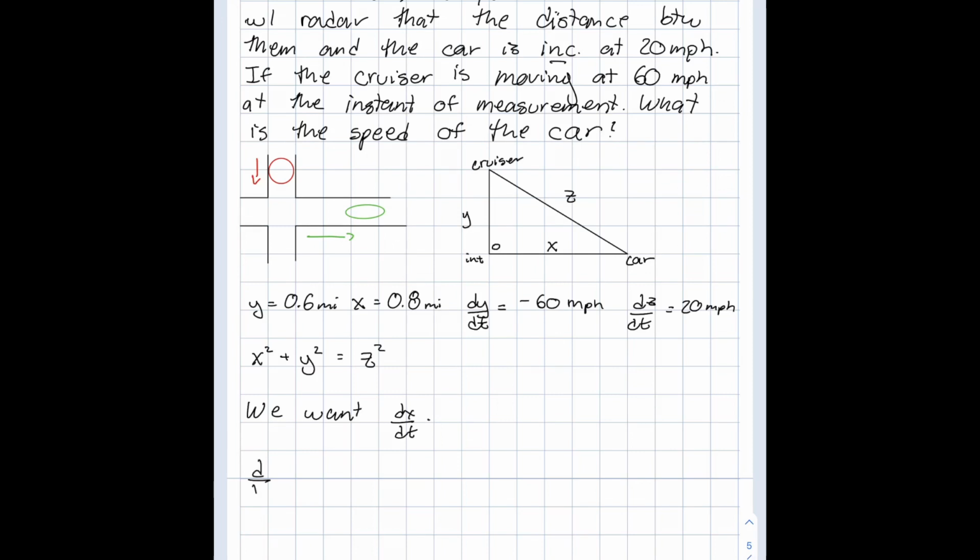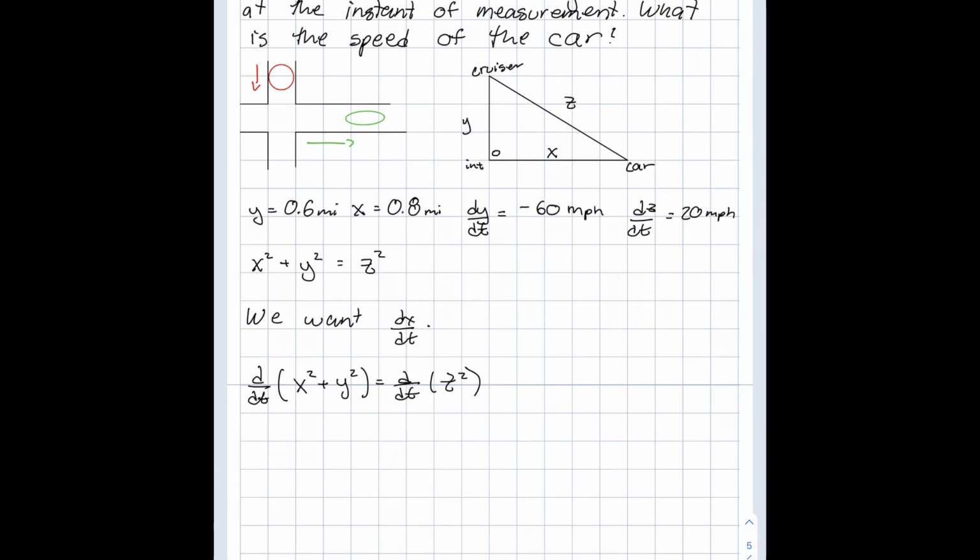So we take d/dt of x squared plus y squared and the derivative of z squared. We already made the assumption that x, y, and z were differentiable with respect to t. This kind of looks like implicit differentiation, except everything's with respect to t.